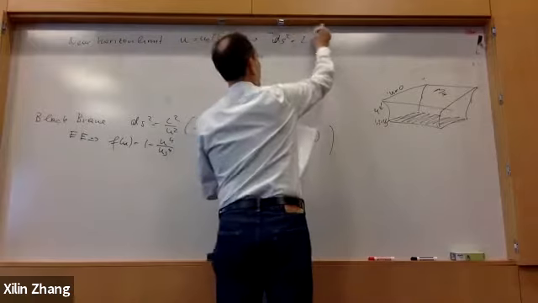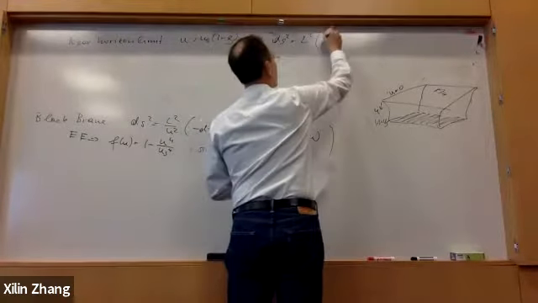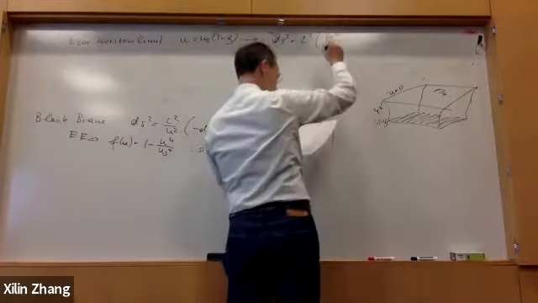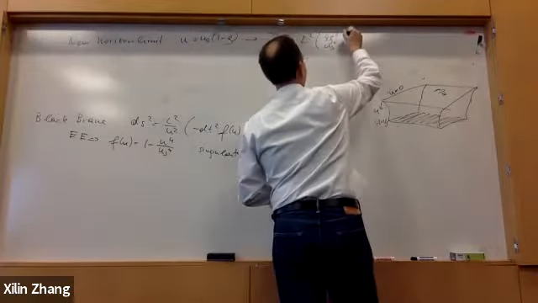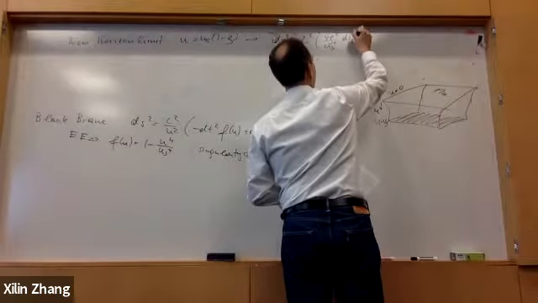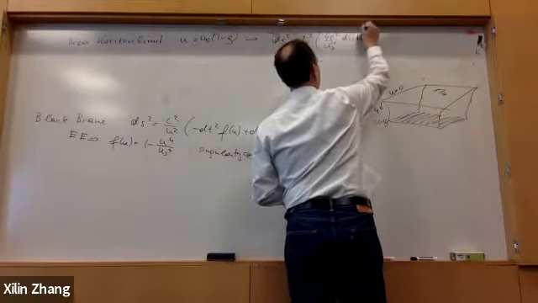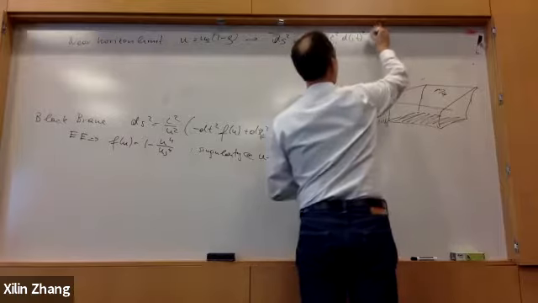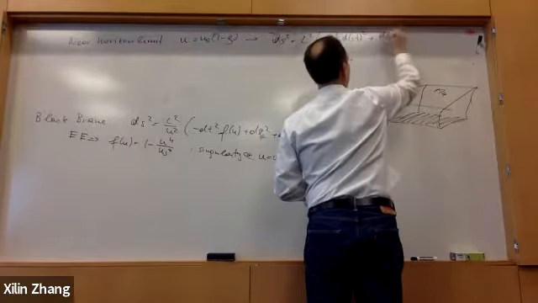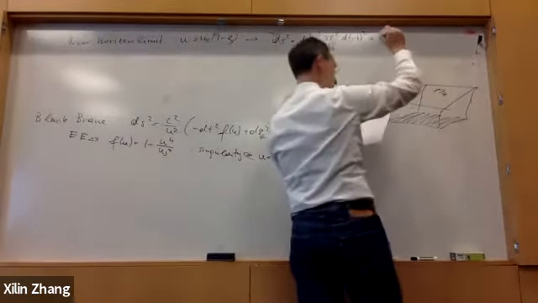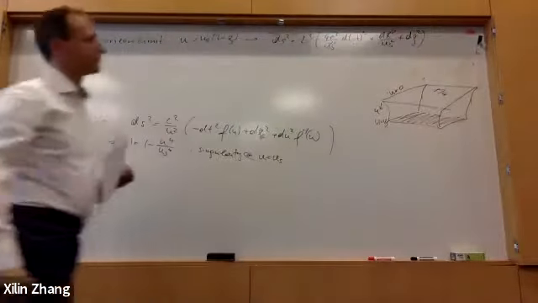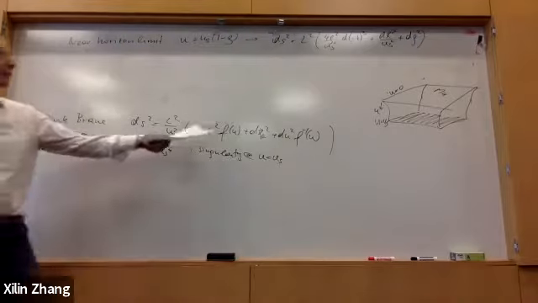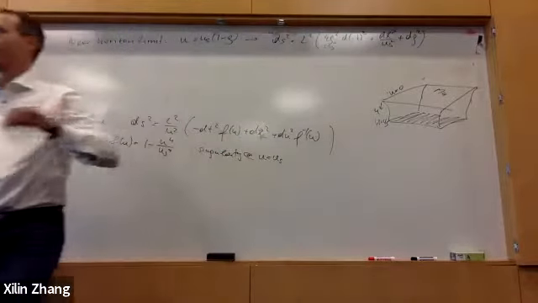L squared, 4 rho squared over u_s squared. And I write this in a funny way. I write this as d(it) squared plus dx squared over u_s squared plus d rho squared. It's just, okay, I put the minus sign as an i in here.